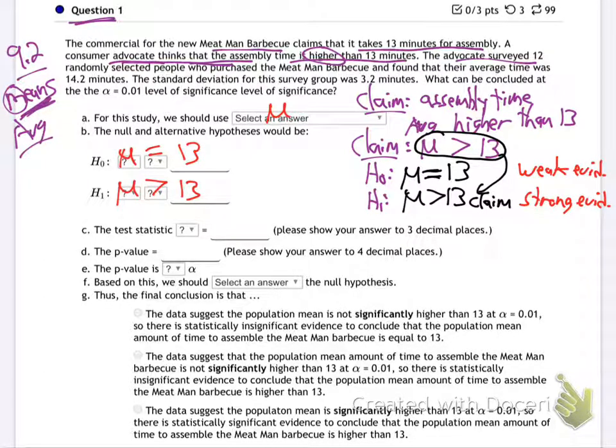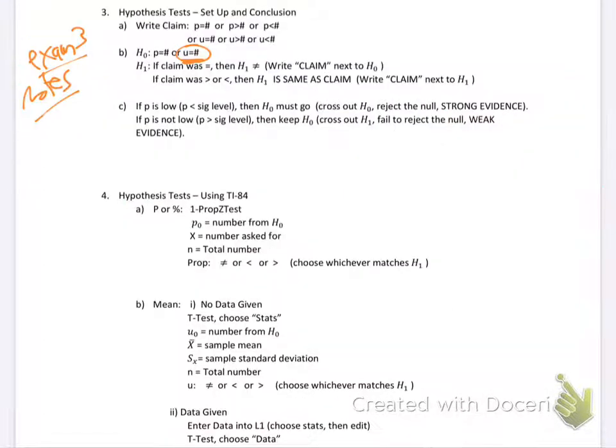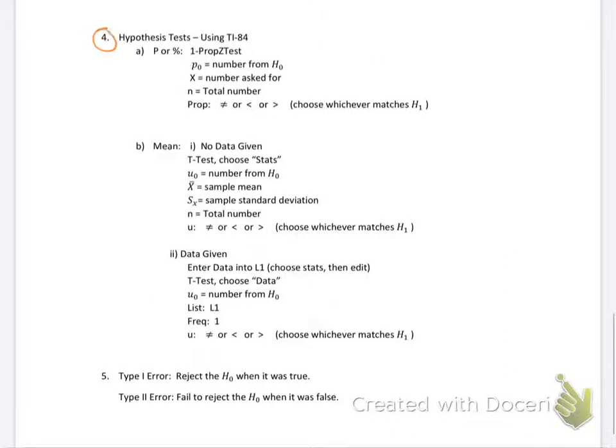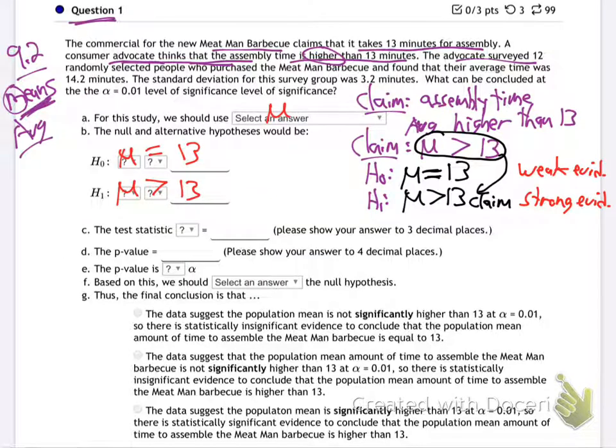And so the test statistic is, okay, so let me go show you. So here's what you have to do on the calculator. So in fact, here's number 4. Here's where we really need to look. So this question is a mu question, which means it's an average or mean question.